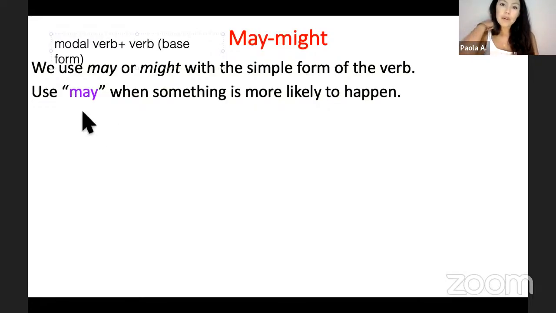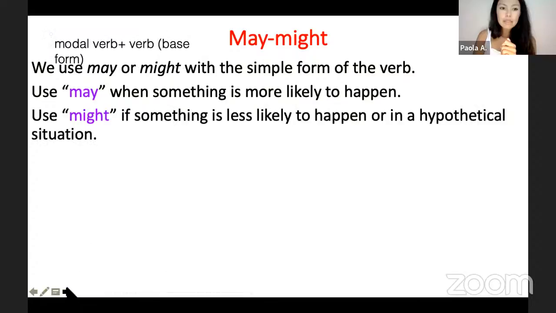Now, both of them, may and might, have a very similar meaning. May is the present when we're talking about a possibility, and might is the past.